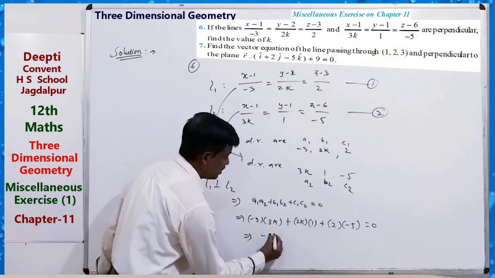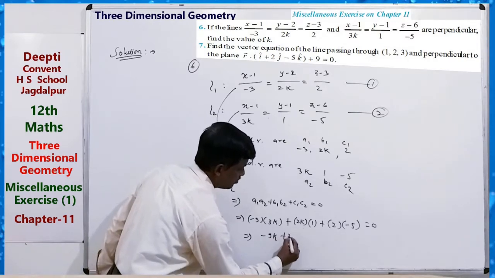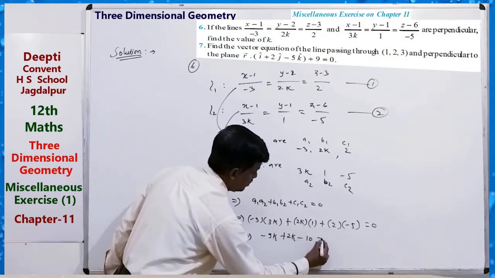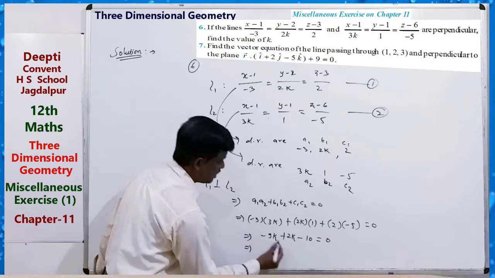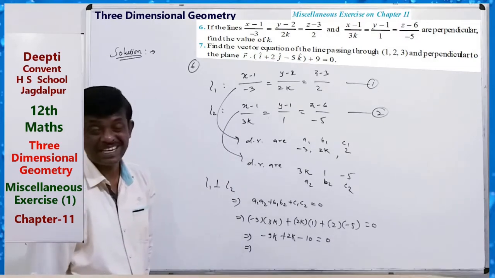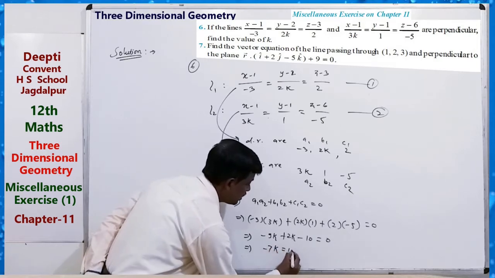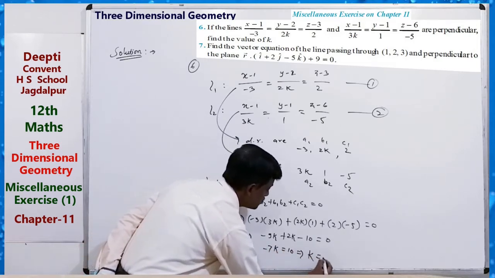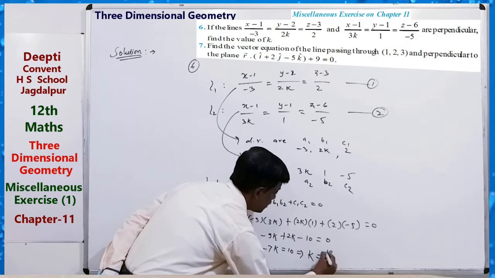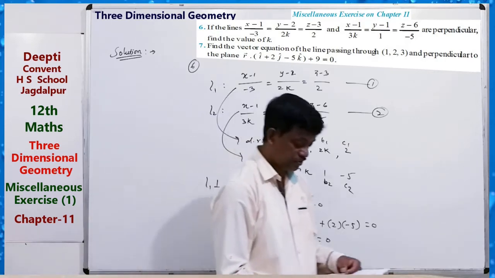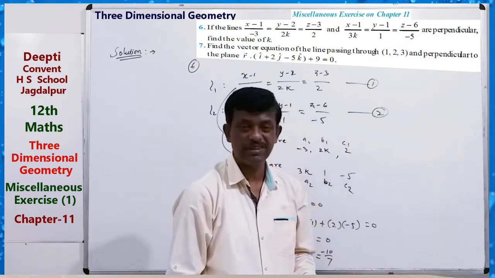Just minus 9k, here 2k, here 10. So minus 9k plus 2k is minus 7k. So minus 7k is equal to 10, which means k equals minus 10 by 7. So the value of k is minus 10 by 7.